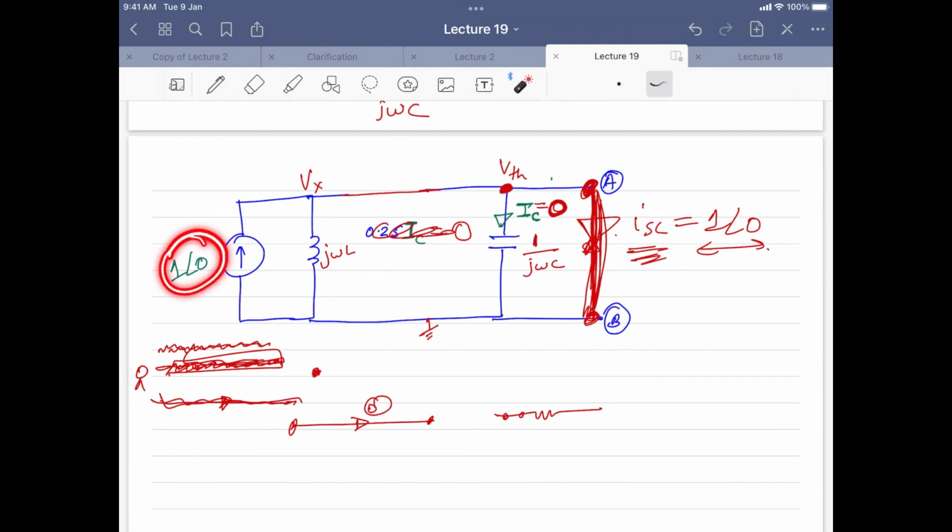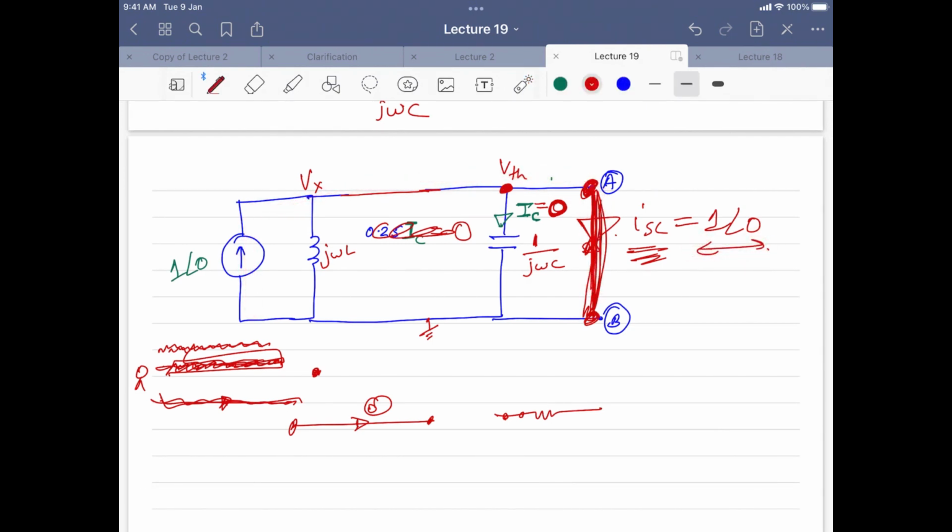This current which is flowing like this, will it go this side or this side? It has two paths again, and it knows that here again we have fire on the road, and here it is a simple road with no fire. So it will go like this, and all of the current will go from 1 angle 0.